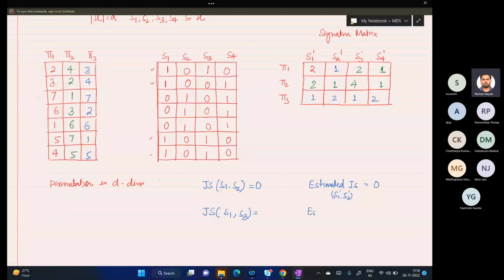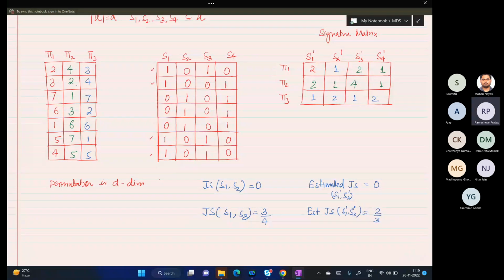Now let's see the Jaccard similarity of S1 and S3. Originally it is 3 by 4, right? And what is the estimated Jaccard similarity of S1 and S3? 2 by 3, right?